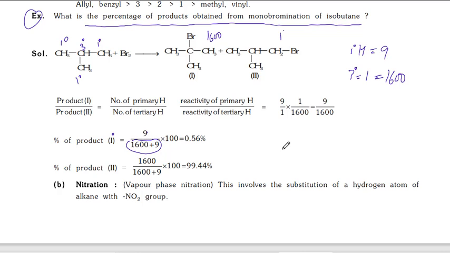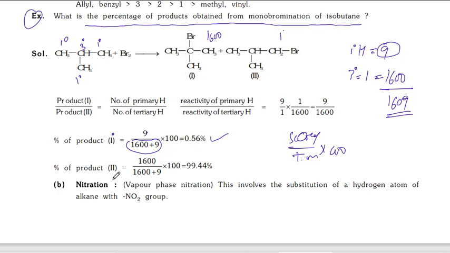Generally percentage, what is percentage? Your scored marks by total marks into 100. Like that. Primary, how many chances are there? 9 positions are there, 9 hydrogens. So 9 upon total 1600 plus 9, 1609. 9 by 1609 into 100. This is the percentage.